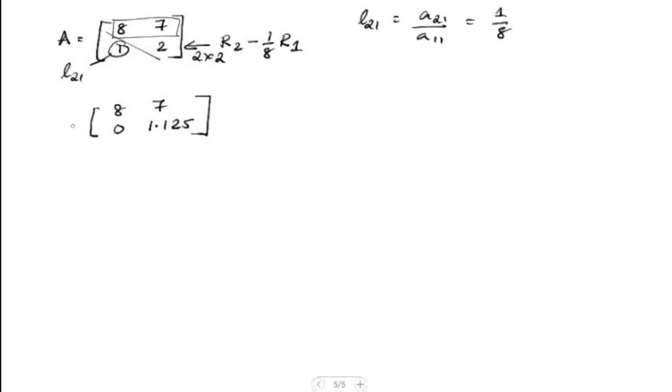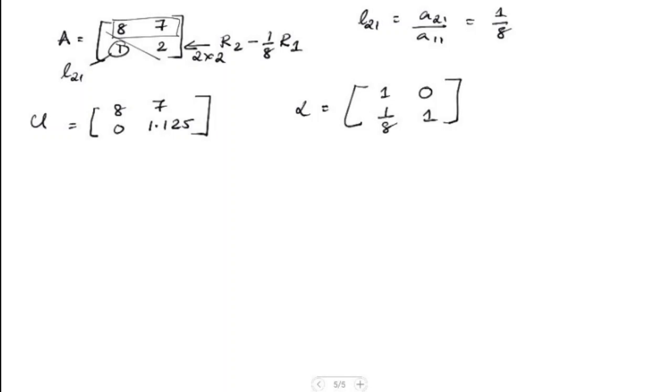So that's our U. And to write the L, the lower triangular matrix, we know that the diagonal will be ones, and above that will be 0. And this element here is L21, which we already have the value of, so it's 1 over 8. So this is very simple because it's a 2 by 2 matrix. We only have to work with one element.